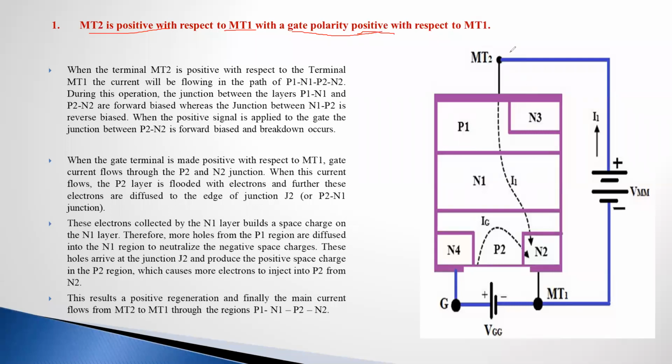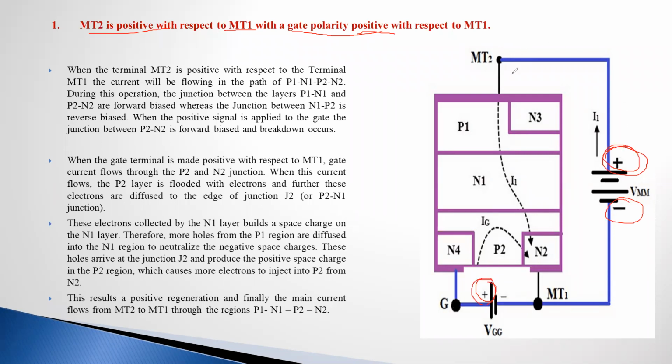Clear? See here, MT2 is positive with respect to MT1. This terminal is connected to MT1. And the gate is positive.